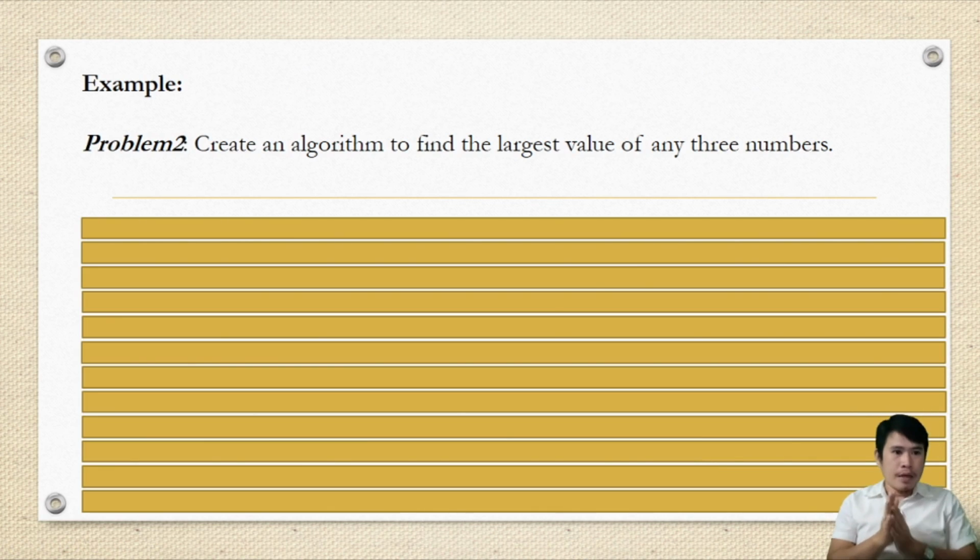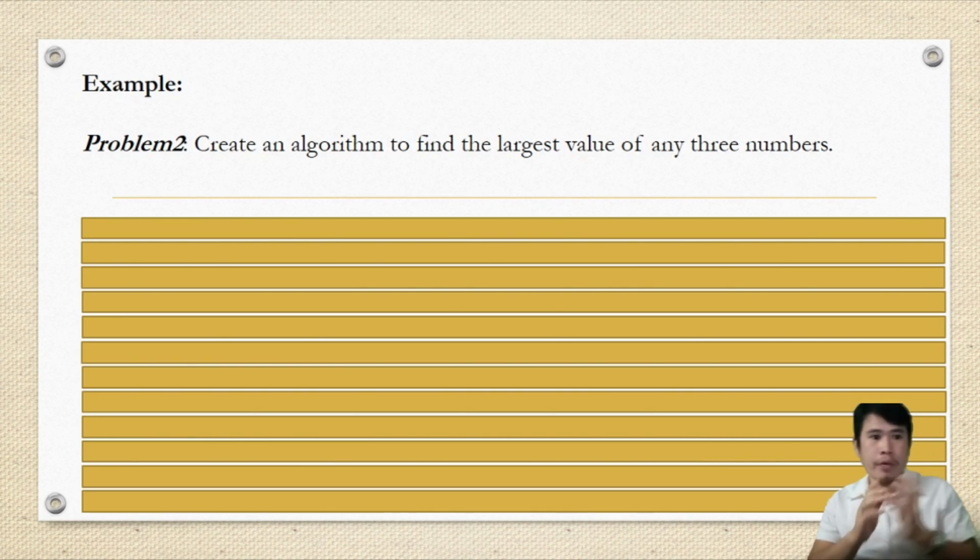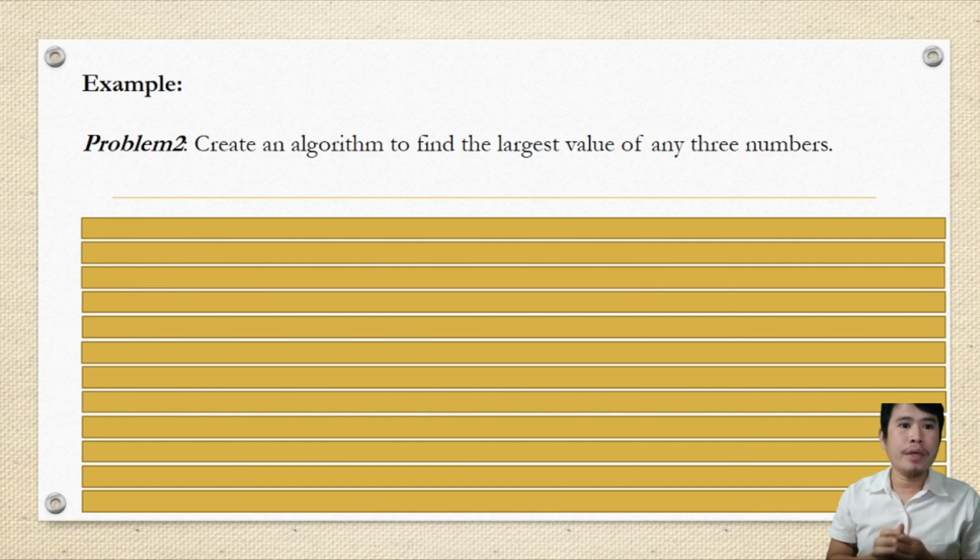Okay. Problem number 2. So, create an algorithm to find the largest value of any 3 numbers. Now, at this moment, we only use a relational operator in our algorithm.